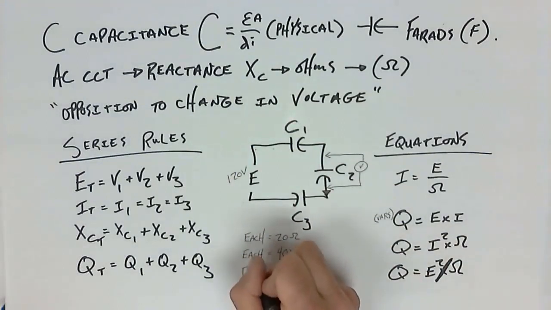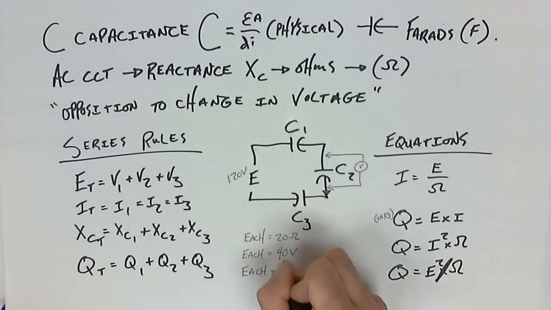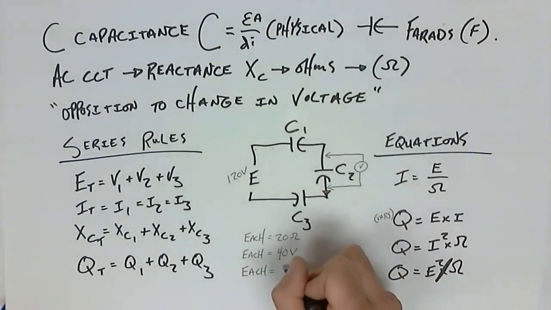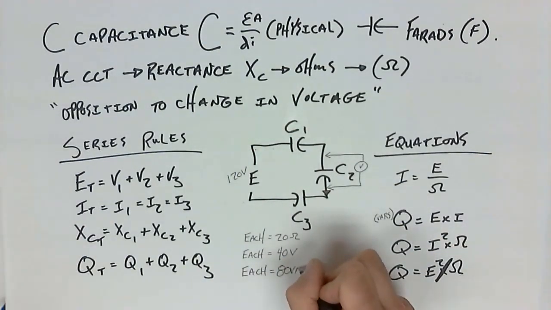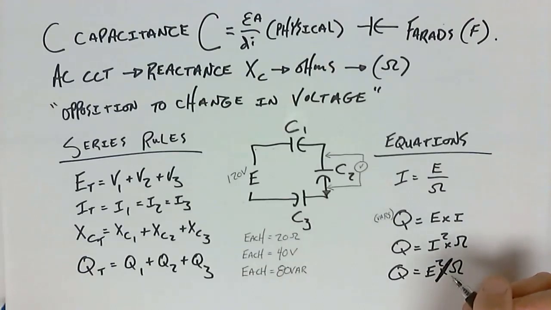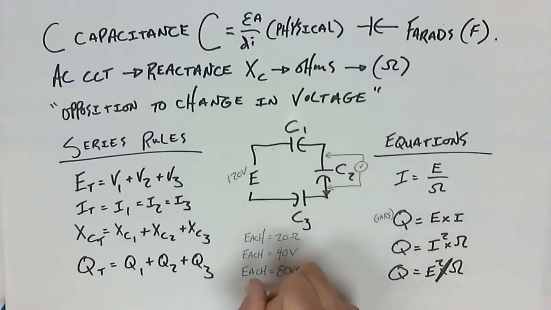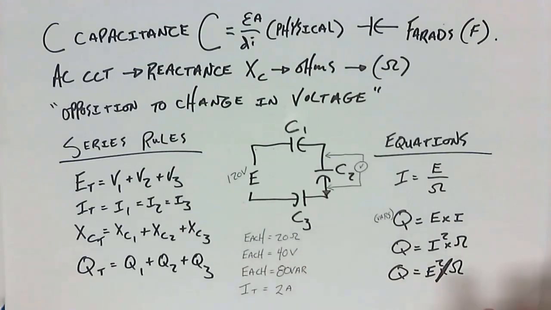And then finally, each of my capacitors would be storing and releasing 80 VARs worth of reactive power, which would then mean that the total current is 2 amps.